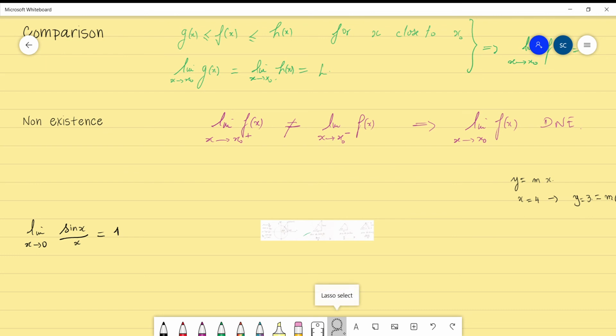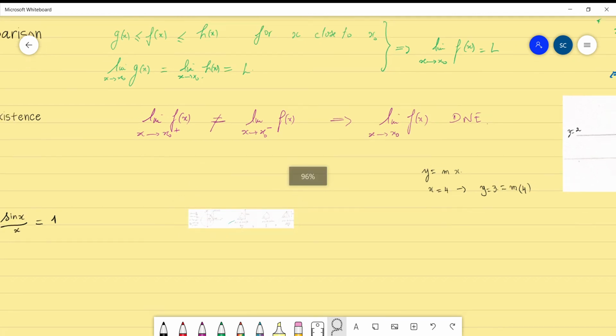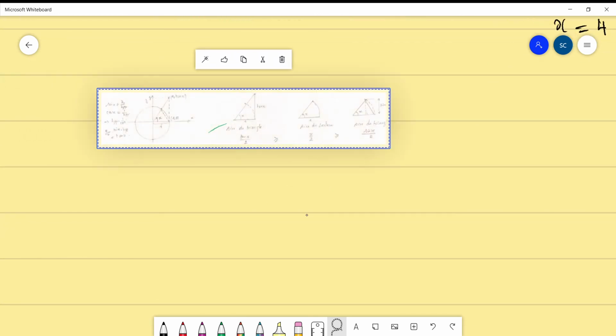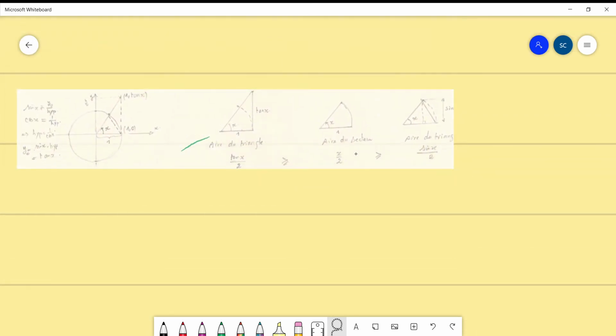Sorry, that's why I'm touching. That's the good one. Oh, I can't make it bigger. Okay. So let's maybe put it bigger like that. Another way to make it bigger. Yes, let's increase the size of the screen here like that.